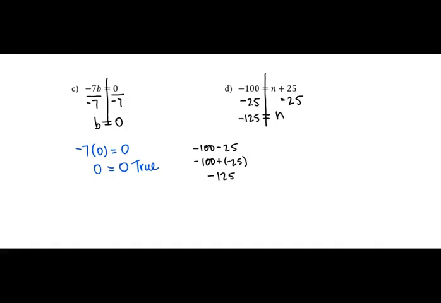Then I can rewrite the answer in a more traditional form, starting with the variable: n equals -125. By switching sides, I am not changing anything. It's the same thing.